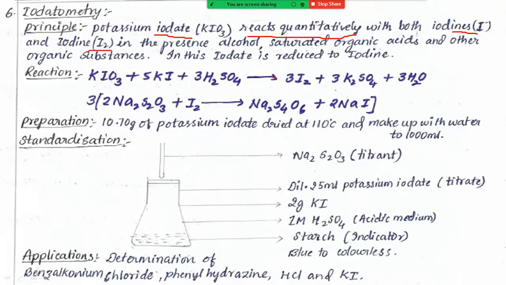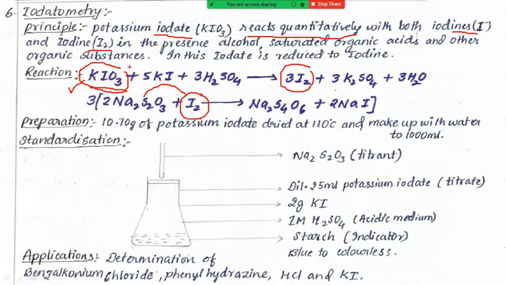Here also we produce iodine molecules, and these liberated iodine molecules react with sodium thiosulfate. The same reaction is repeated, but in place of potassium bromate we take potassium iodate. If you take potassium bromate, we call it bromatometry. If you take potassium iodate, it is called iodatometry.